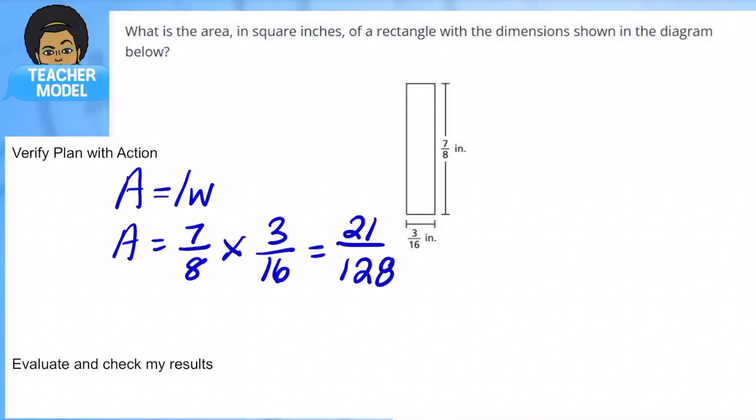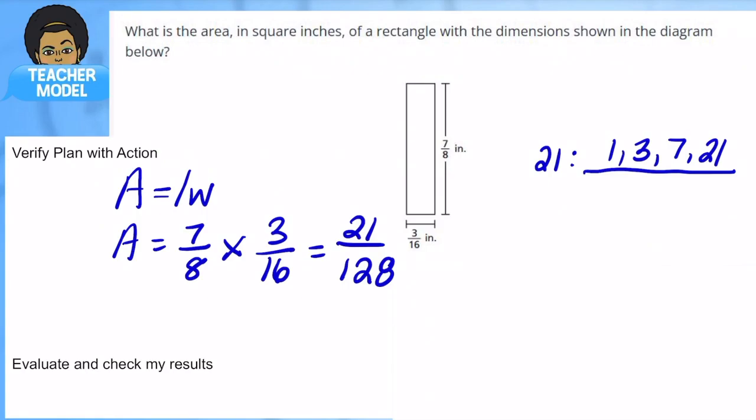Because guess what, Math Marvels? I am not going to list all the factors of 128. But I am going to list all the factors of 21. And I'm going to ask myself a question. Can I use any of these factors to simplify 128? And I'm not worried about the 1.